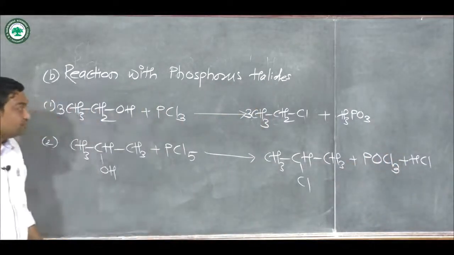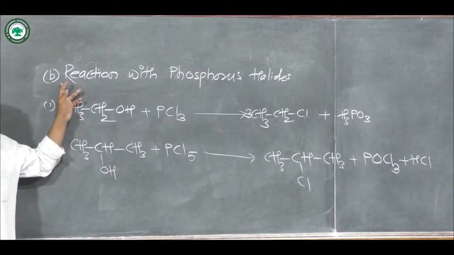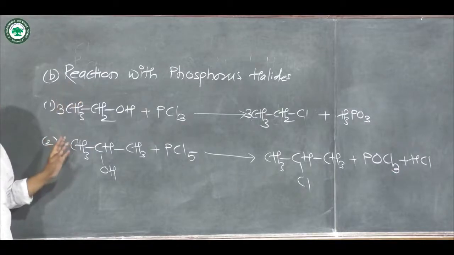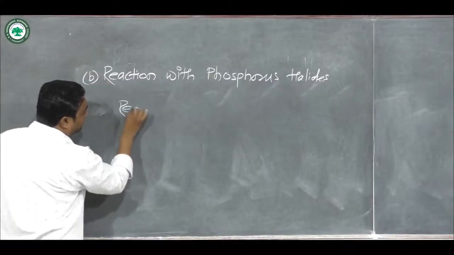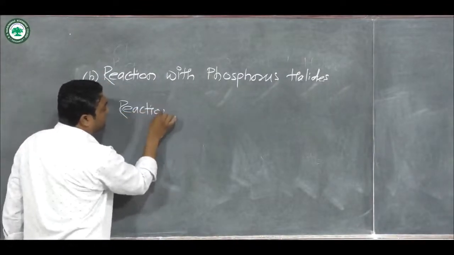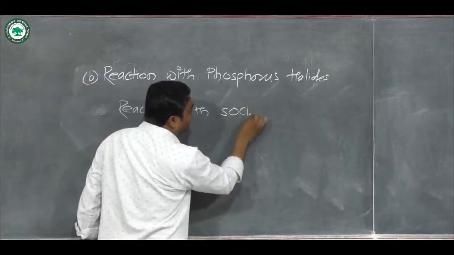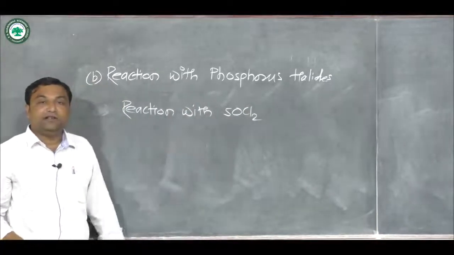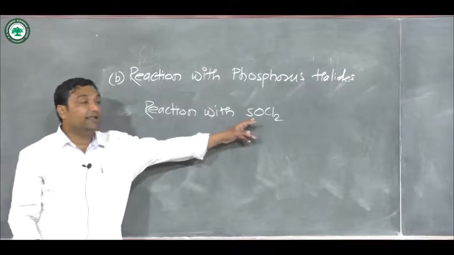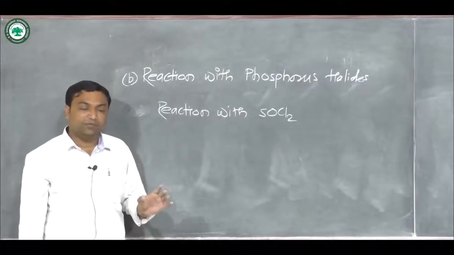Now the third reaction, that is reaction of alcohol with thionyl chloride. When thionyl chloride is treated with alcohol, we also obtain alkyl halide as a product.